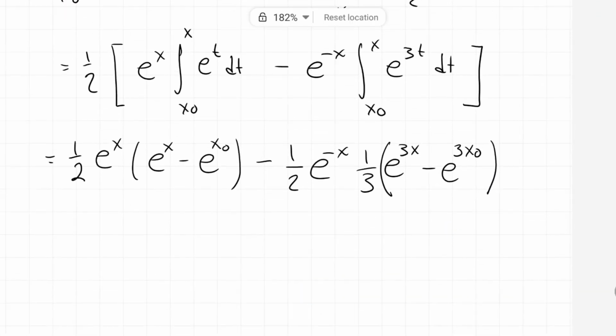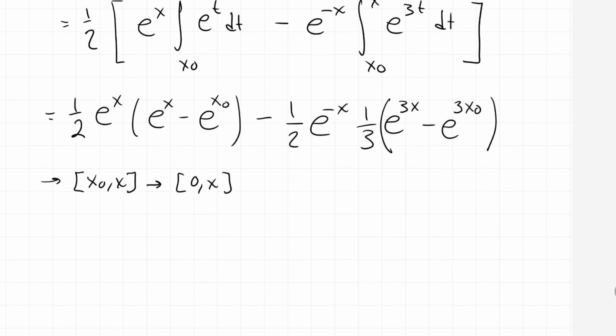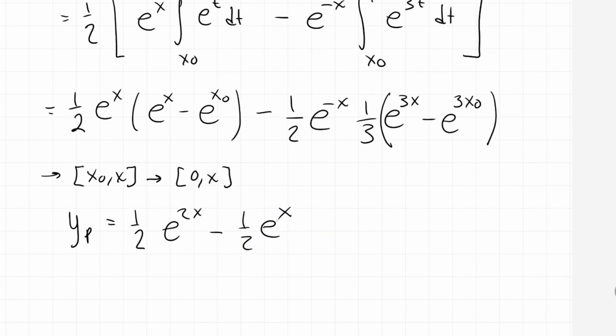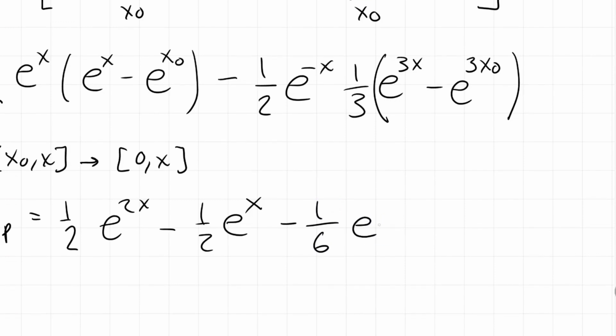Okay, so now, just for simplicity, let's take the interval x0 comma x to be the interval 0 comma x. So we are going to set x0 equal to 0 to get that y_p is going to be 1/2 of e to the 2x minus 1/2 e to the x, then minus 1/6 times e to the 2x, and then plus 1/6 e to the negative x.